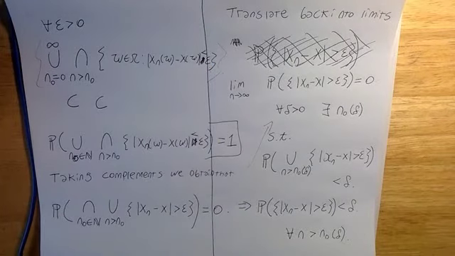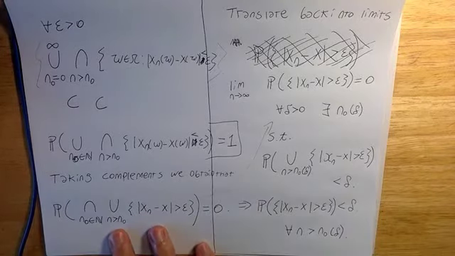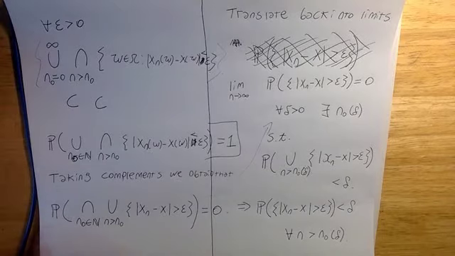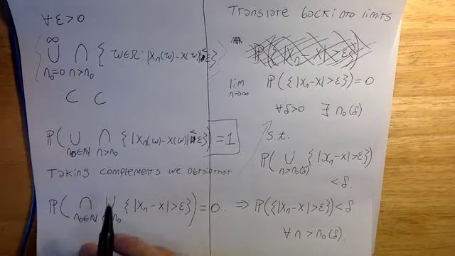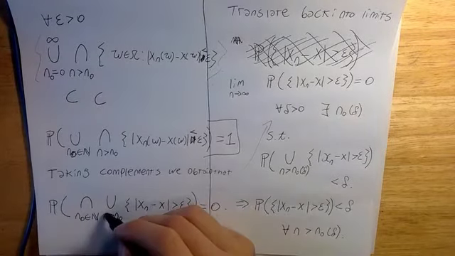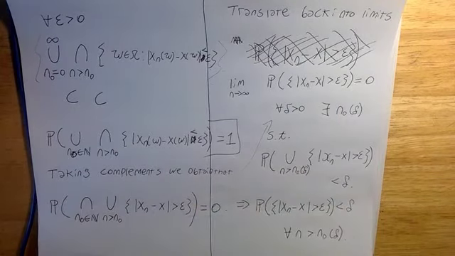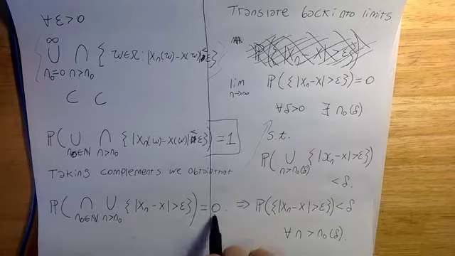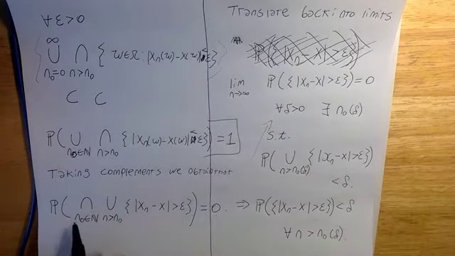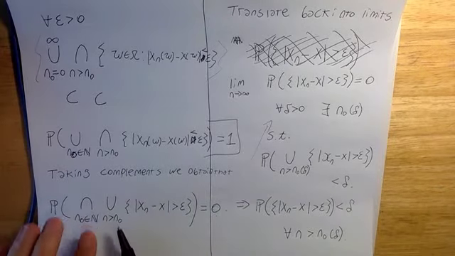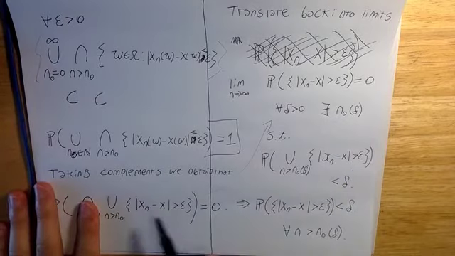Okay, so here what we are using is the Borel-Cantelli lemma. Basically, these are nested sequences of sets, so this is the intersection of nested sequences. The probability is equal to 0 if and only if the limit of the probabilities of the sets inside goes to 0.